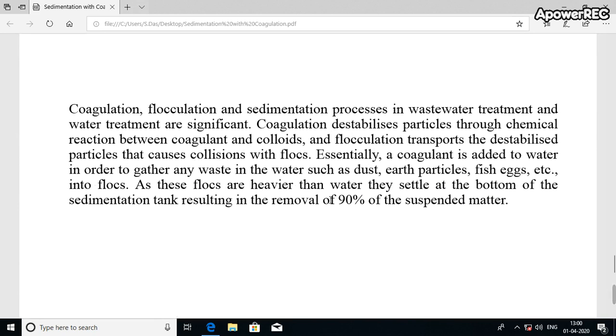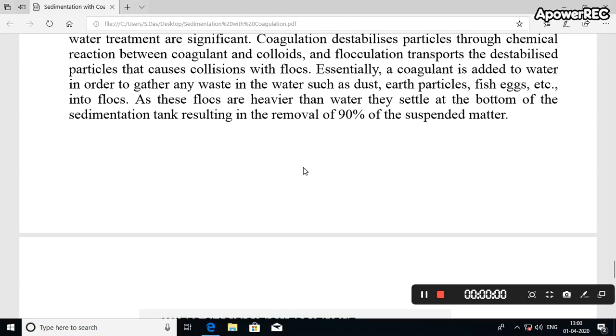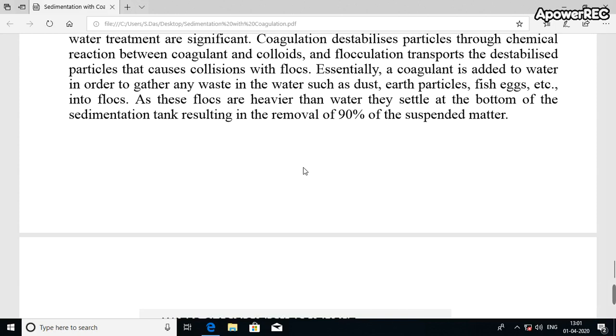The coagulation, flocculation and sedimentation process in wastewater and water treatment is very significant. Obviously, we have this kind of instrument in our own laboratory. We cannot remove all the particles from the wastewater through all these processes, but about 90% of the suspended matter will be removed from the wastewater or water.